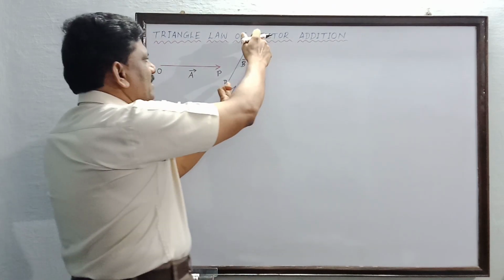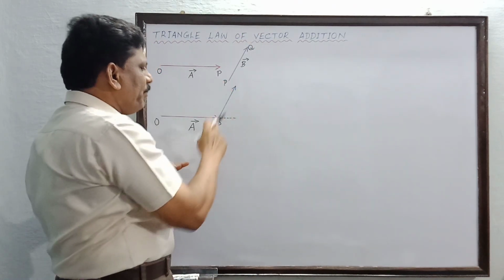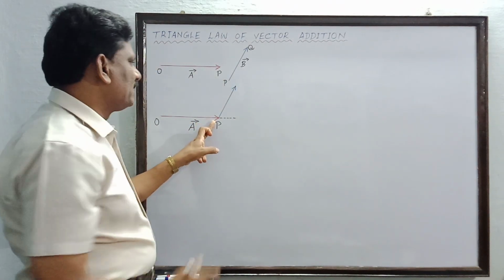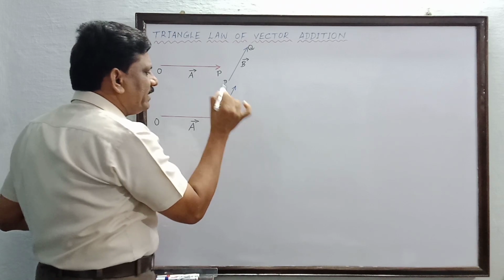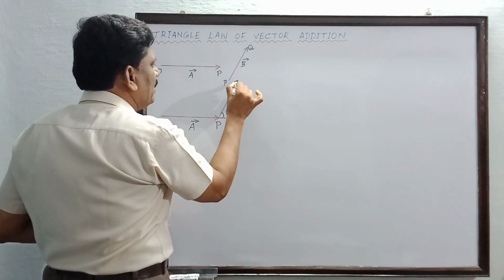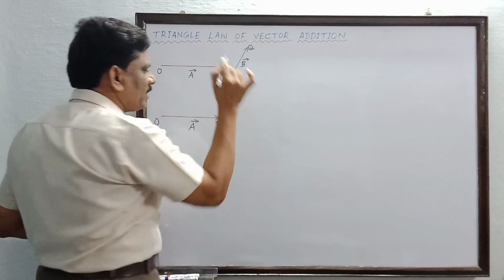So I am moving this vector B such that the tail P of the second vector is in contact with the head of the first vector, so that the angle theta between the two vectors remains the same after shifting also. So this is PQ and this vector is B.